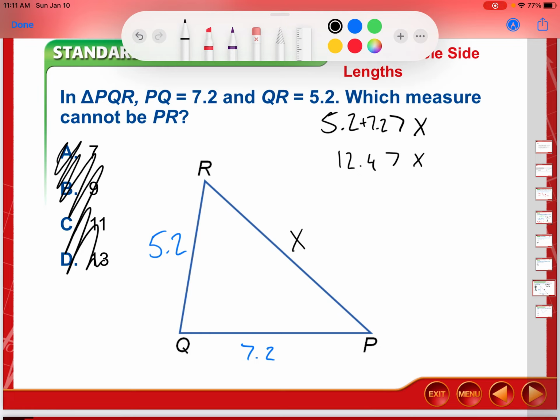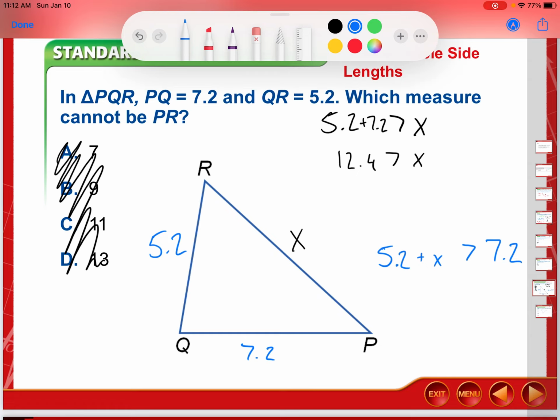If we pretend side X is the smallest side, we could write the inequality, I'm going to switch to blue: 5.2 plus x has to be greater than 7.2. Okay. So now we can solve this to figure out the smallest possible side length for RP, or x as we've used it in this case.